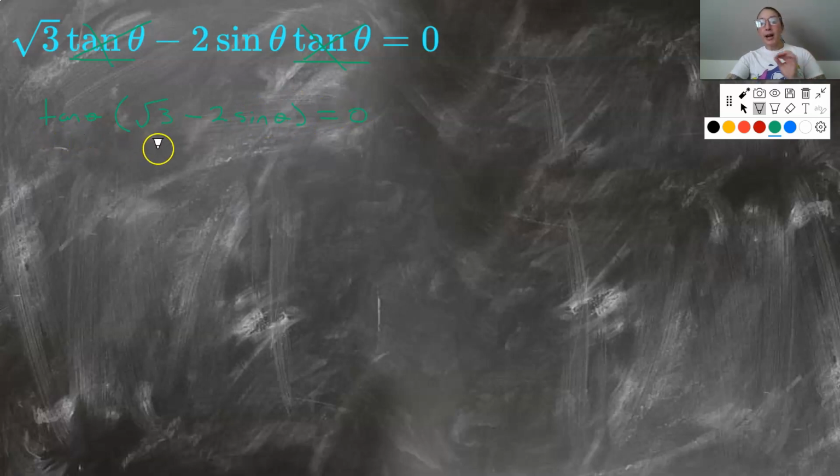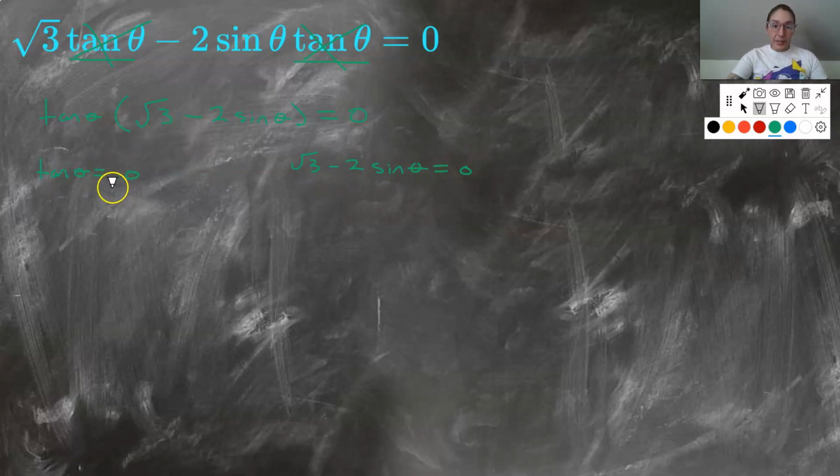Now I do have a product. If I have a product, I can split it, and I can set them both equal to 0. Tan theta equals 0, or root 3 minus 2 sine theta equals 0.